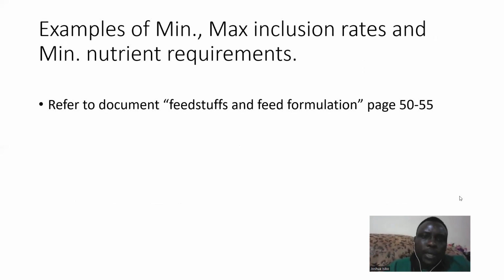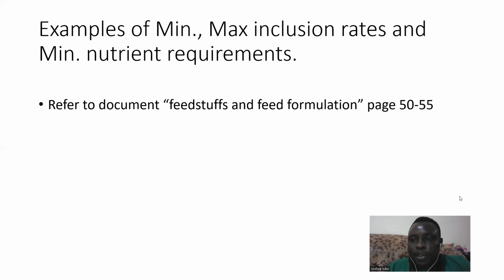I want to show you examples of minimum and maximum inclusion rates, and then nutrient requirements. Where do you find them? There's a document you've been reading, the feedstuffs and feed formulation.